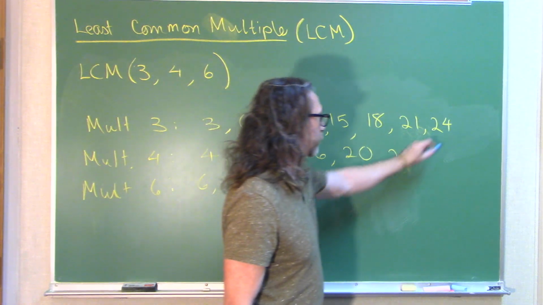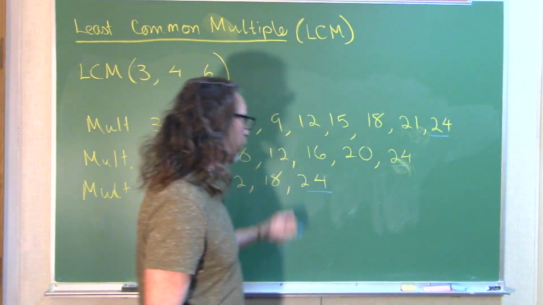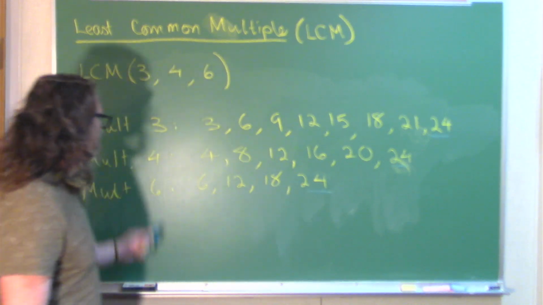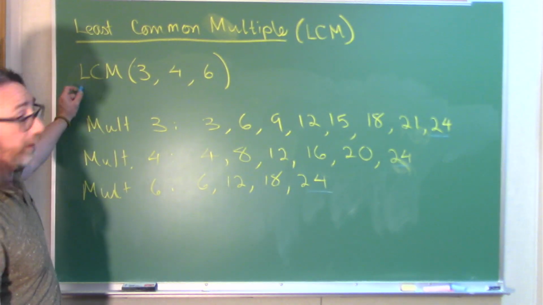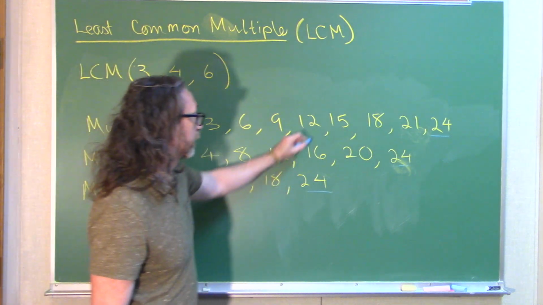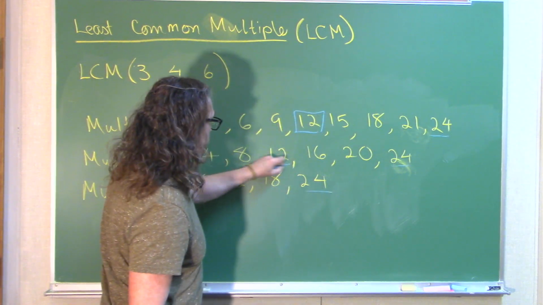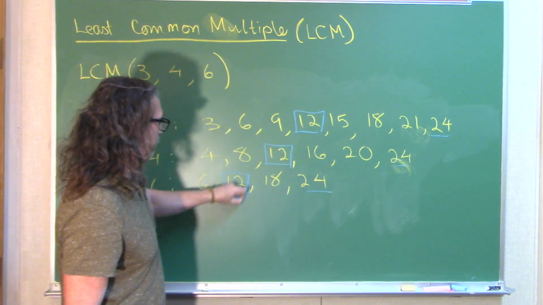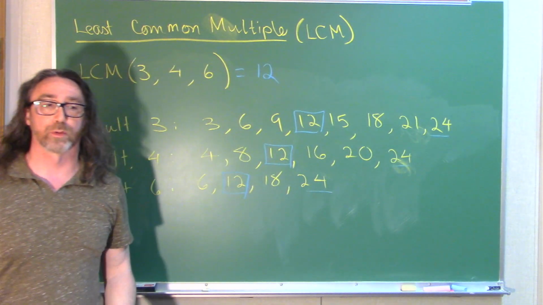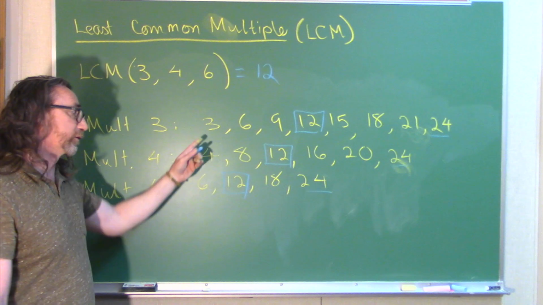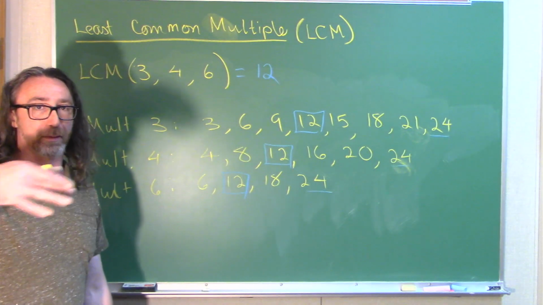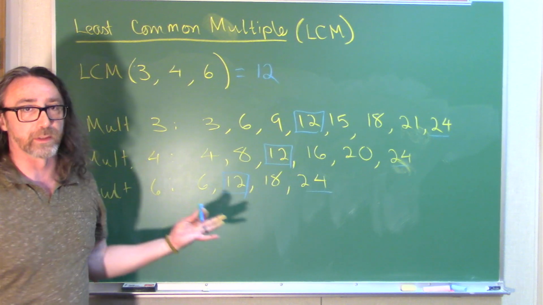For example, I can see 24 is on all three lists. So 24 is a common multiple of 3, 4, and 6. However, I am looking for the least common multiple. I want the smallest thing that appears on all three lists. And we can see the smallest thing that is showing up on all three of these lists is in fact 12. So 12 is the least common multiple of these three numbers.